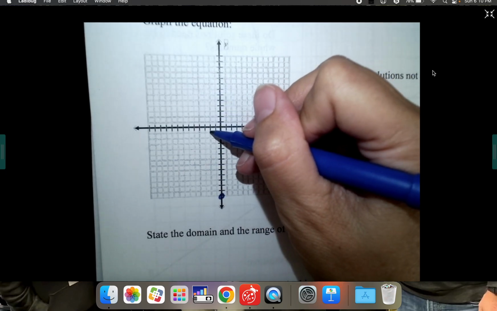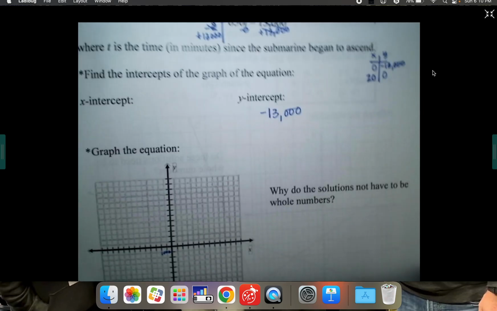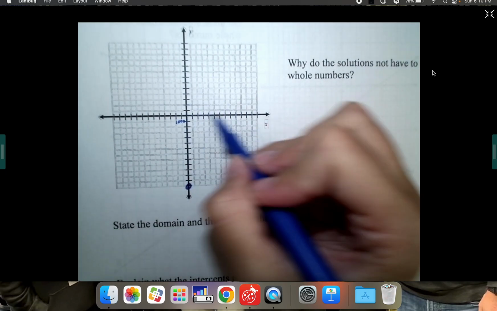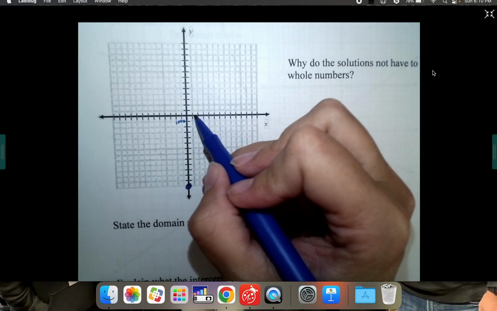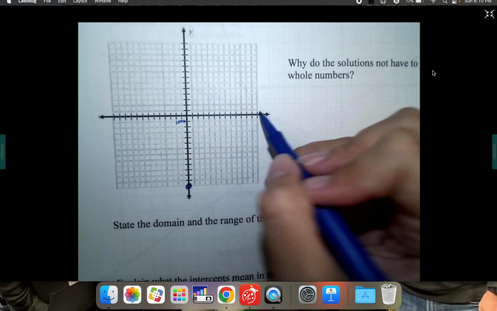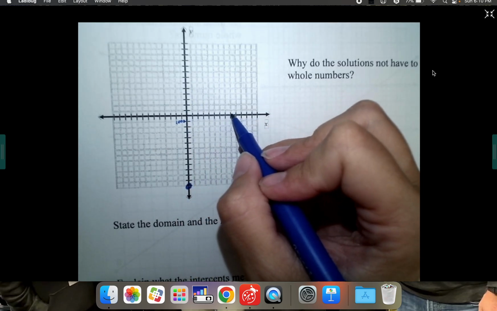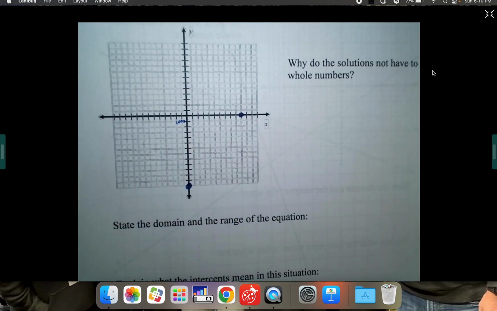Negative 13,000. And then the x-intercept was 20. So we're going to count differently on the x-axis. We'll count by ones. Just kidding. We're going to count by twos. 2, 4, 6, 8, 10, 12, 14, 16, 18, 20. Because we don't have enough spaces.